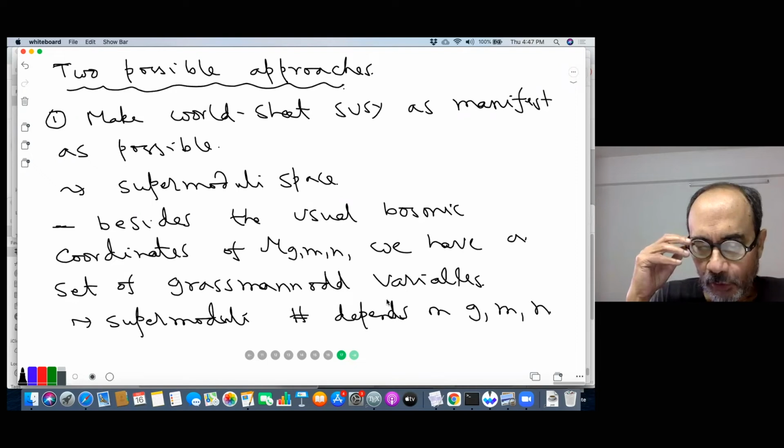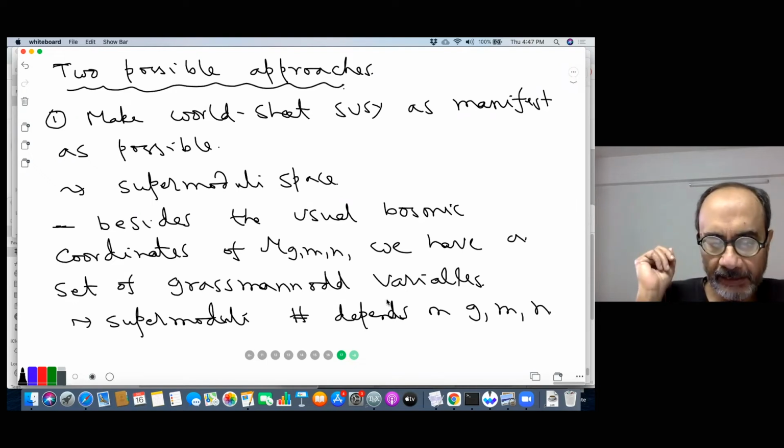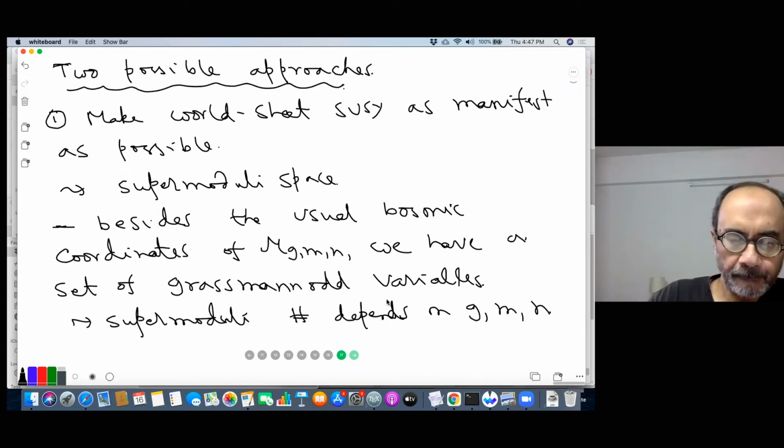Here you see the difference between Ramond and Neveu-Schwarz punctures. They depend separately on m and n, but not just on m plus n. So the idea is that you try to formulate this as an integral over both bosonic variables as well as the Grassmann variables, and try to construct the integral.